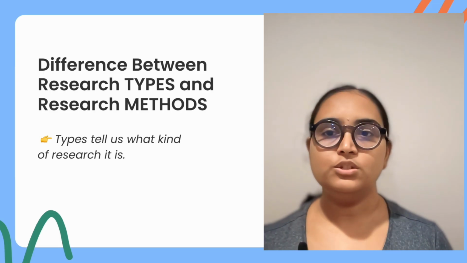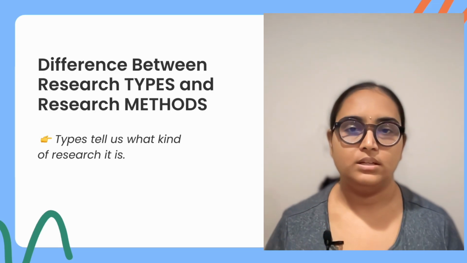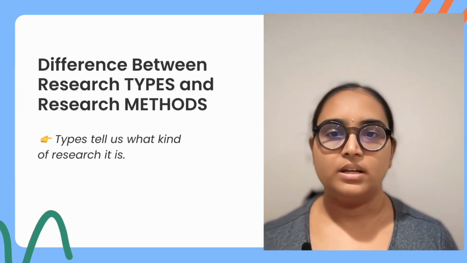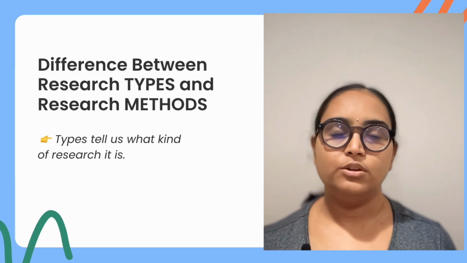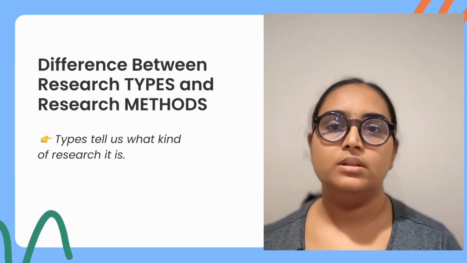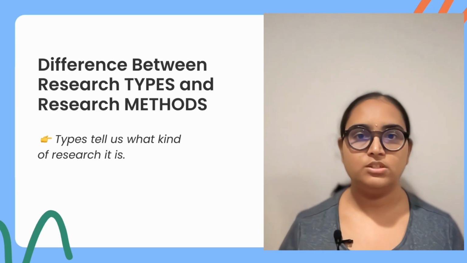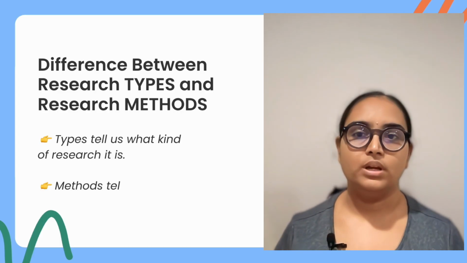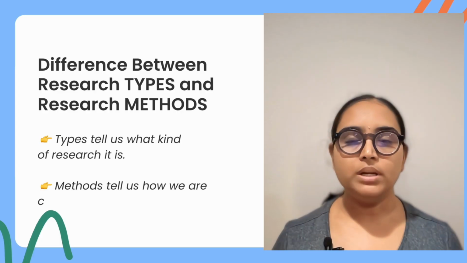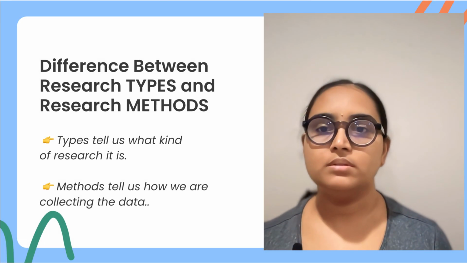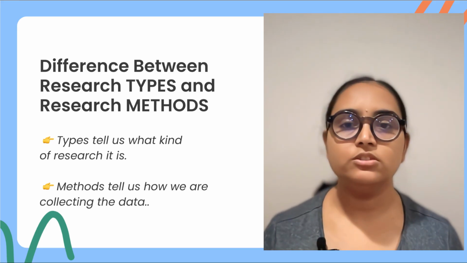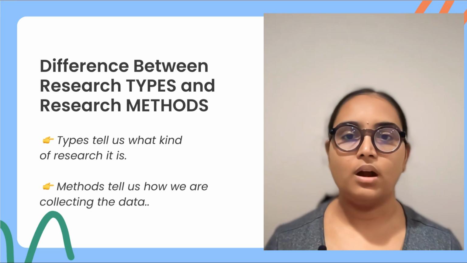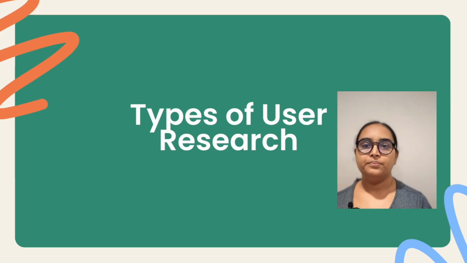Research methods are the actual activities you do to collect the data. These are the techniques you use in your project, for example, interviews, usability testing, surveys, diary studies, and contextual inquiry. So, simply, types tell us what kind of research it is, and methods tell us how we are collecting the data.